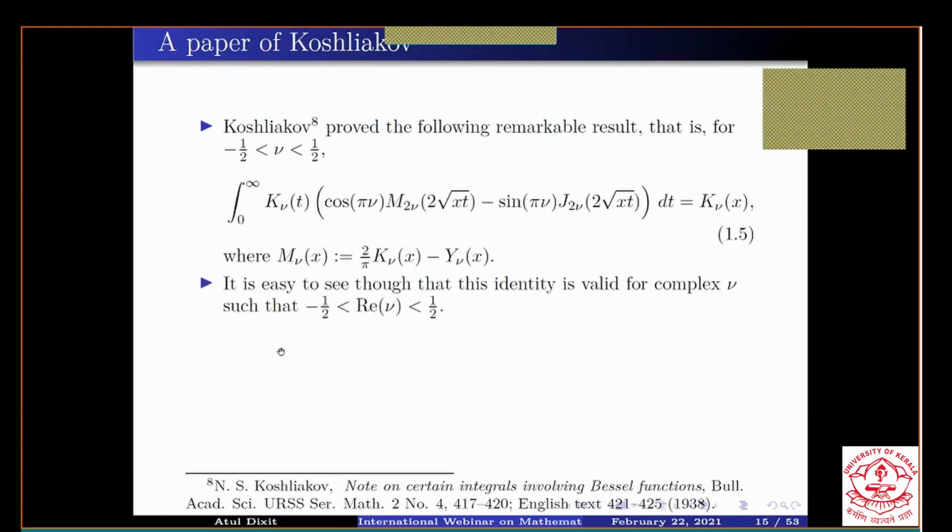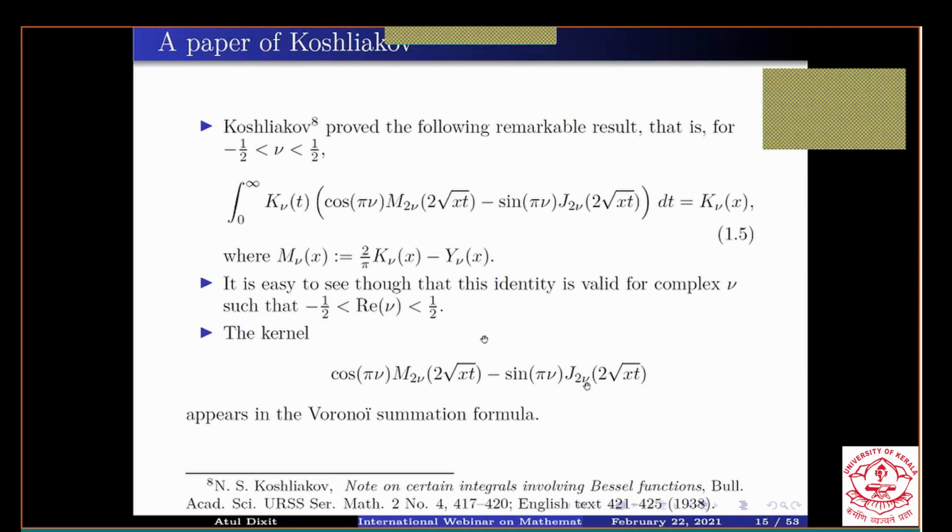This identity is valid for any complex nu such that its real part is between minus half and half. This particular kernel is very important because it appears in the Voronoi summation formula. The Voronoi summation formula is a formula for the summation n equal to 1 to infinity of a of n times f of n, where a is an arithmetic function and f is a sufficiently smooth function.